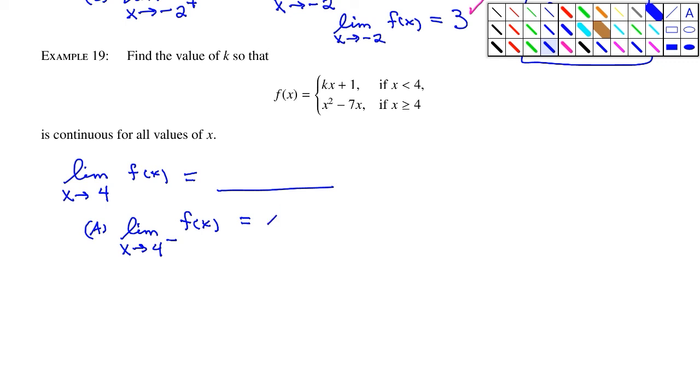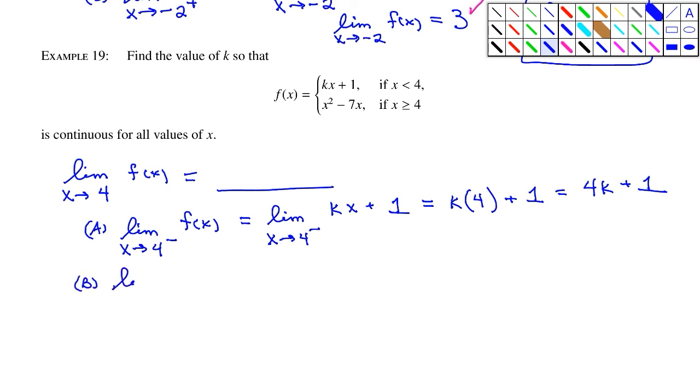That's going to be the limit as x goes to 4 from the left of kx plus 1. Now k is a constant in this case. The x is the variable. So we plug in 4 for the x, and then we get a plus 1 here. So that's 4k plus 1. That's perfectly fine.